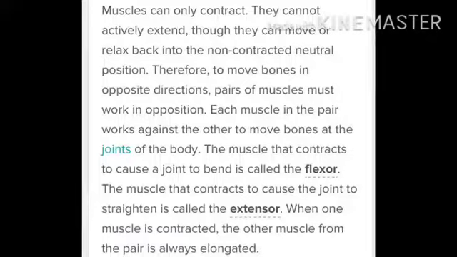The muscle that contracts to cause a joint to bend is called the flexor. The muscle that contracts to cause the joint to straighten is called the extensor. When one muscle contracts, the other muscle from the pair is always elongated.